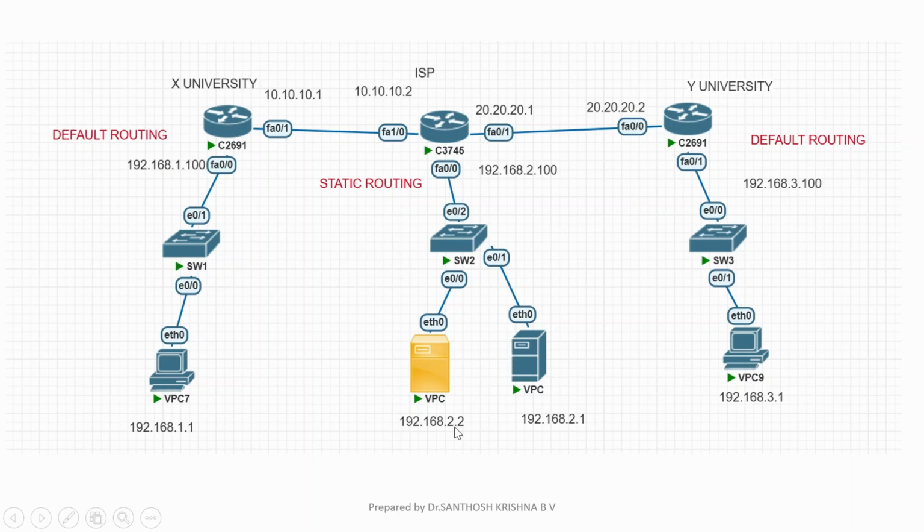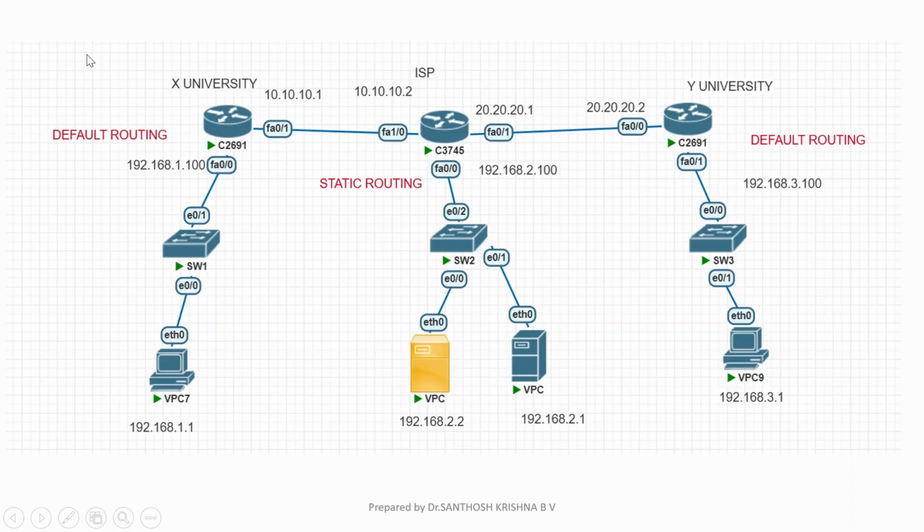I have connected two PCs, which for identification I have labelled as servers, maybe Google or Yahoo, whatever it may be. Now X university wants to send some message to Y university, but I do not know where Y university exists.